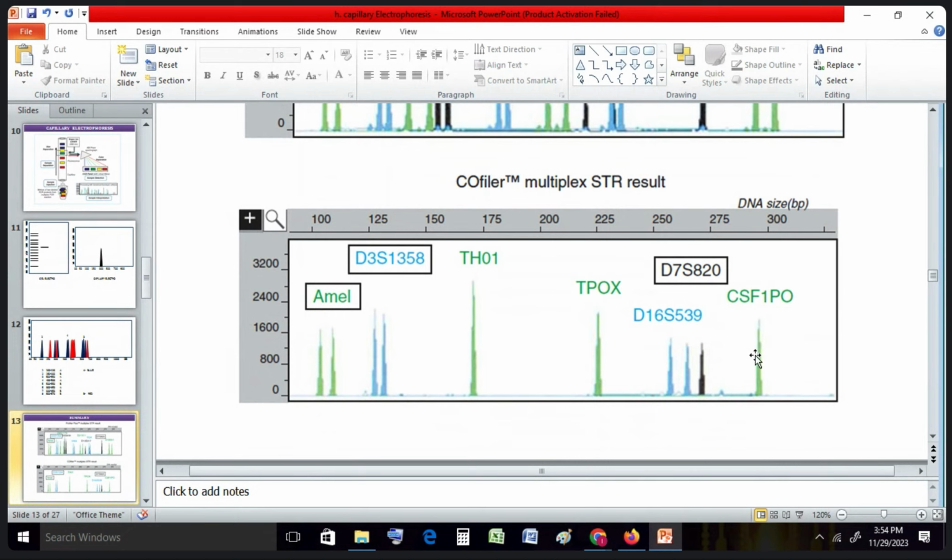Yes, sir. Now a question to you: why is this peak so long compared to this peak? It's not that long. What does it mean? Those who understand the yellow class can answer.